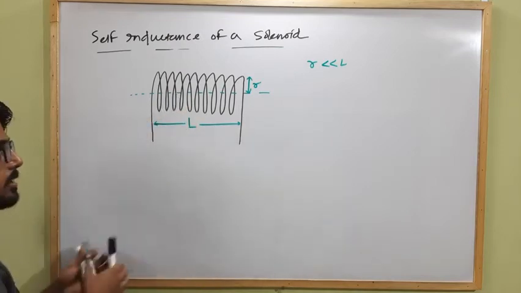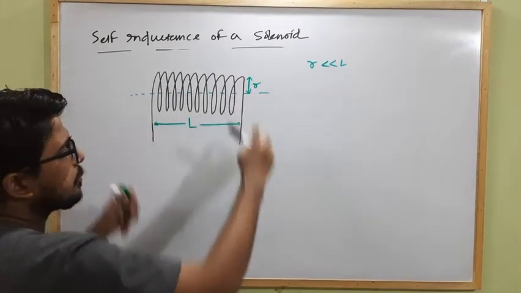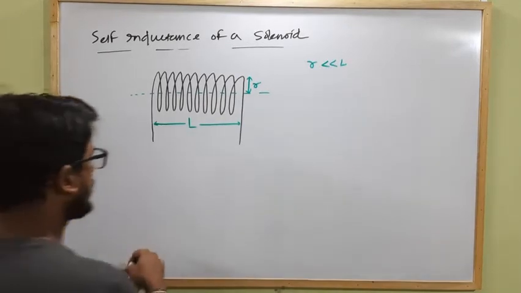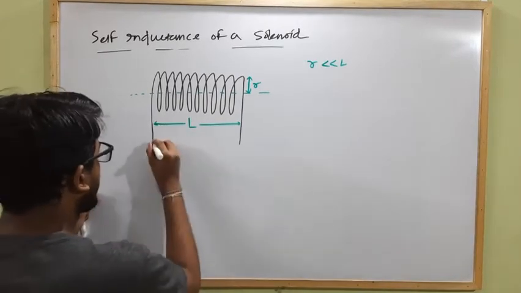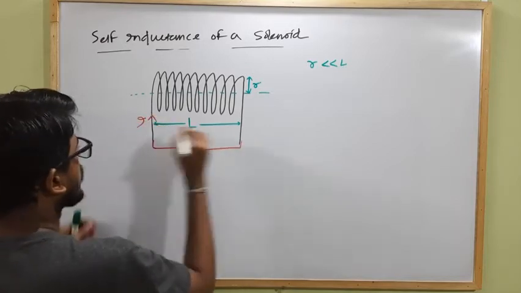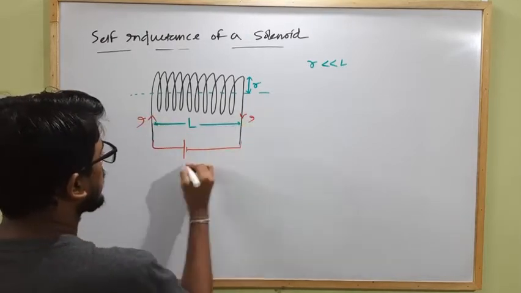In an ideal solenoid, the length is very large in comparison to the diameter of the solenoid.